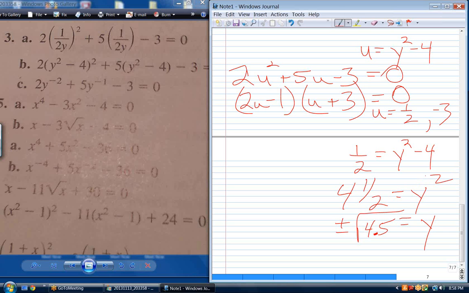And I'm trying to figure out if I made a mistake here or I made a mistake earlier today. I must have made a mistake earlier today because this looks right. Okay, and the other u? -3 equals y squared minus 4. 1 equals y squared, square root of both sides, y equals plus or minus 1.